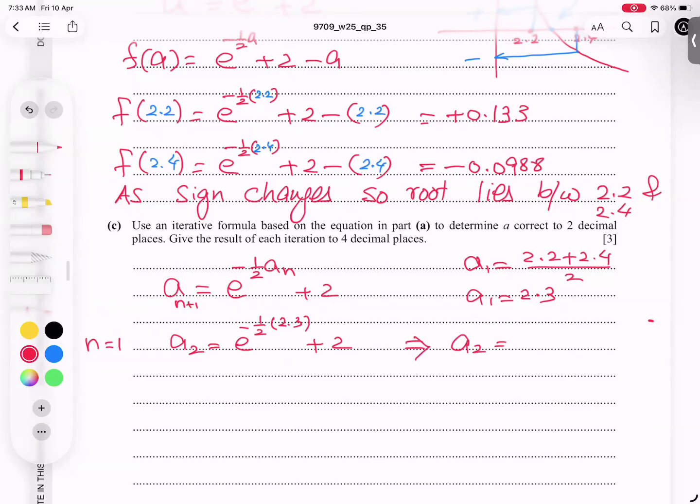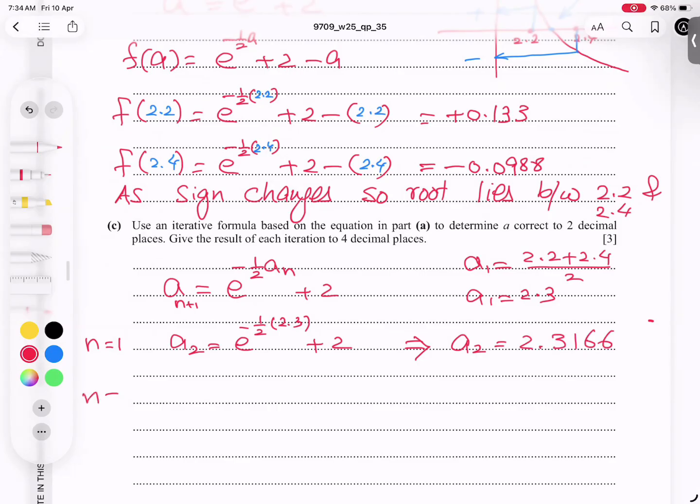All right. Okay. So what is negative 1 over 2 times 2.3? And that is the power of exponential. And plus 2. I'm getting here 2.3166.